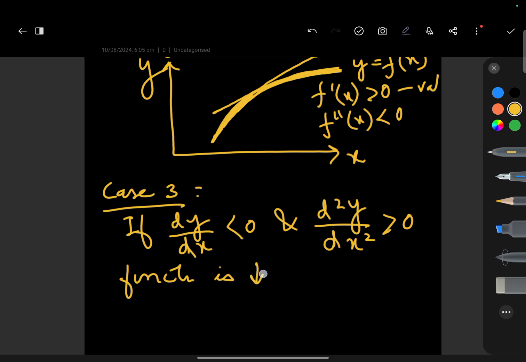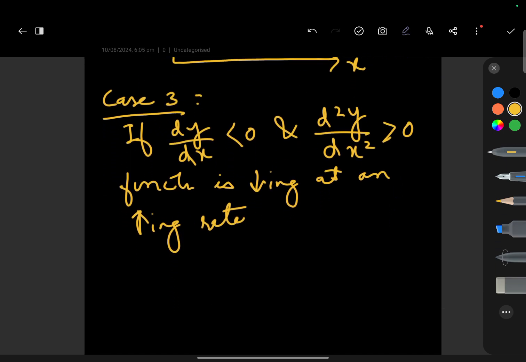The function is decreasing at an increasing rate. That is increasing rate because the first derivative is negative and the second is positive.